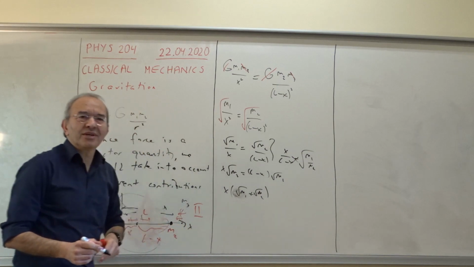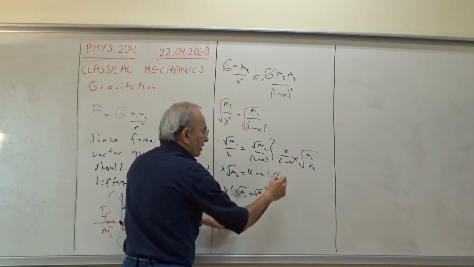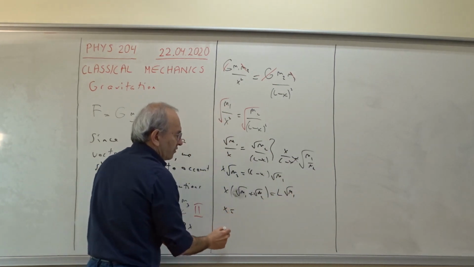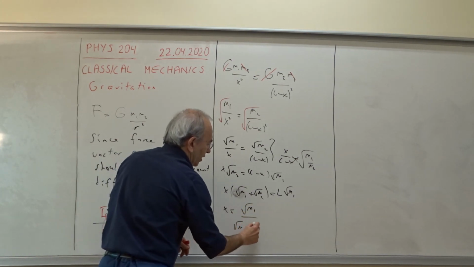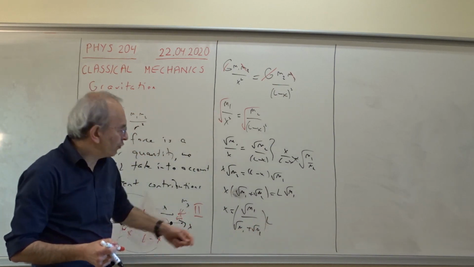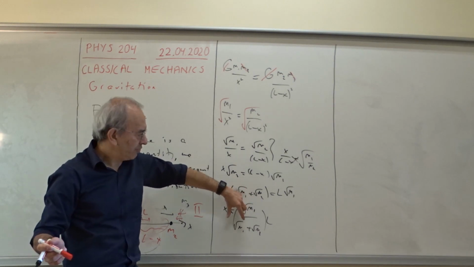Unfortunately, there are some people who make such mistakes. So on the right hand side write L times root M1. Therefore, x is easily found to be root M1 divided by the sum of the roots M1 and M2, multiplied by the length L. Of course, this fraction is less than 1, that ratio.